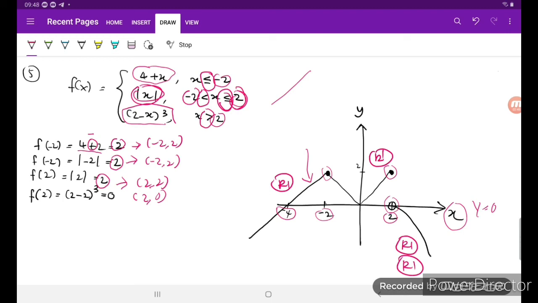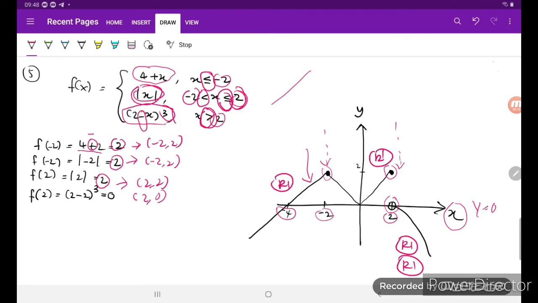And then from -2 until 2, you have a modulus. So you just sketch your modulus graph like that, V-shape modulus graph. And then lastly, from 2 above, but starting from the white dots, not the black dots, you have to sketch a negative quadratic function, because in front of the x squared is negative.